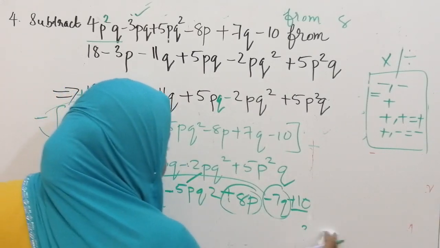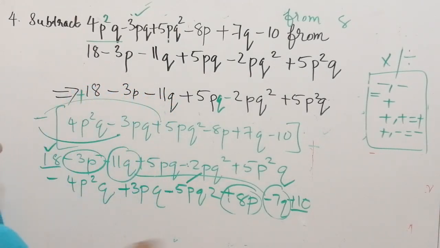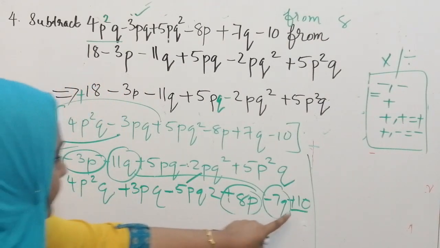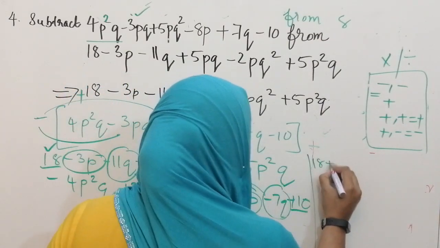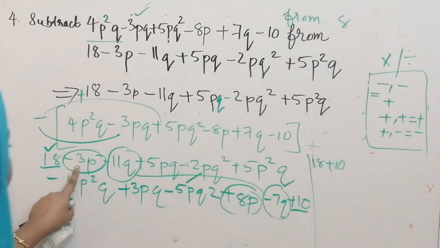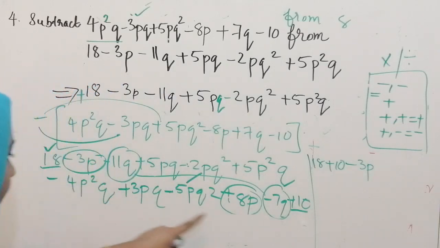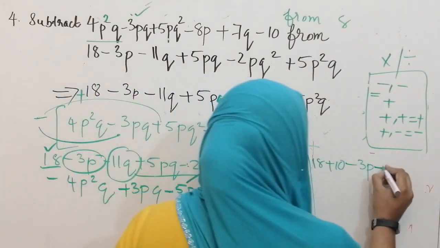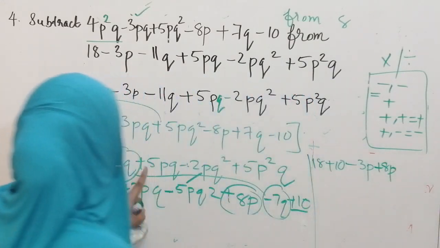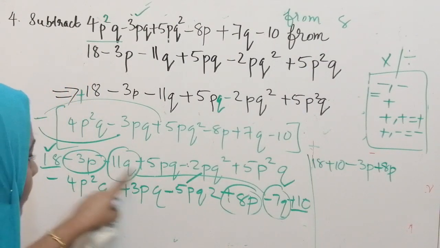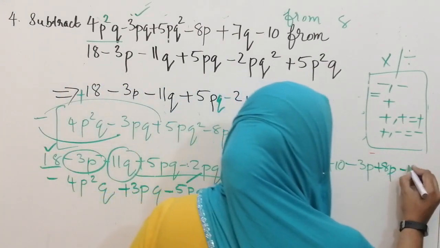You can put like terms together. So how can we put like terms here? 18 and 10, so 18 plus 10. Next is minus 3p and plus 8p. So next is minus 11q and minus 7q.